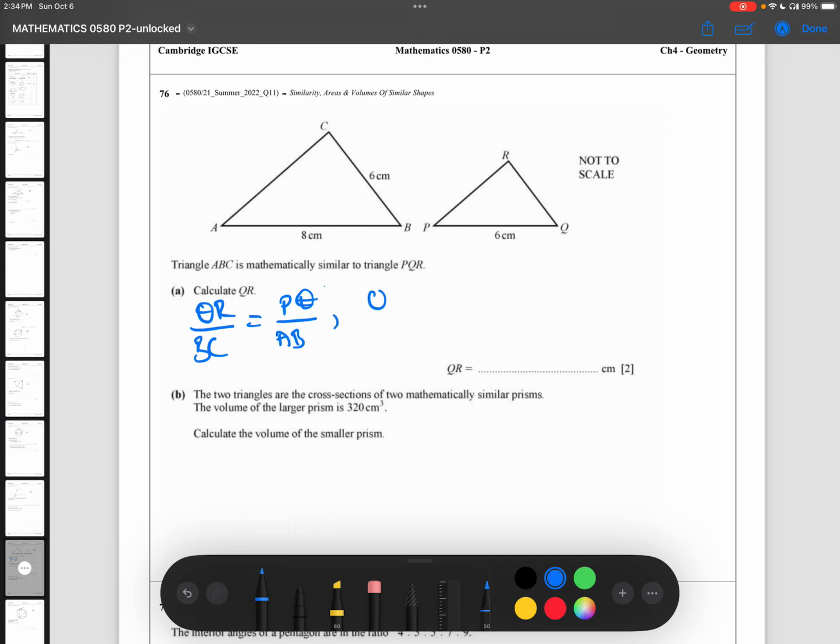Now we need to calculate QR. I will just write QR upon BC. I know the length of BC is 6 centimeter, equal to PQ upon AB. We know PQ is 6 centimeter and AB is 8 centimeter.